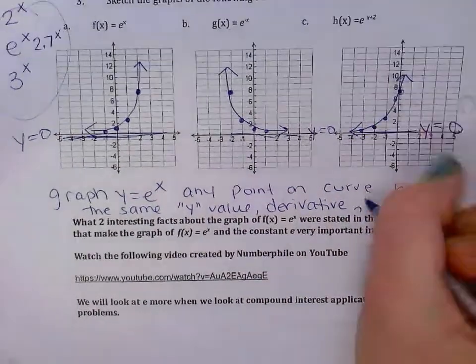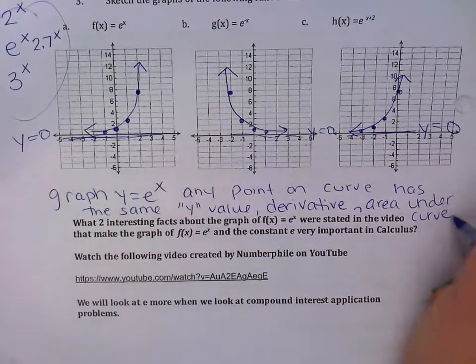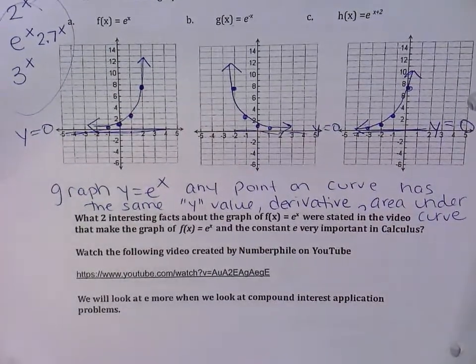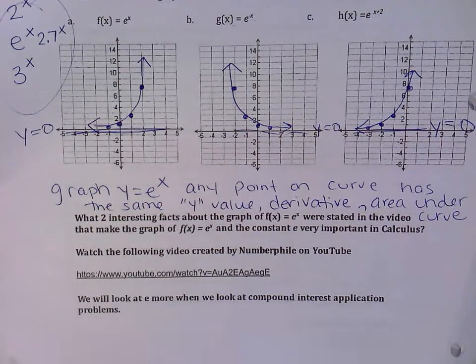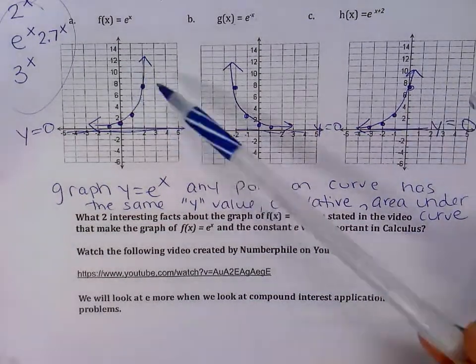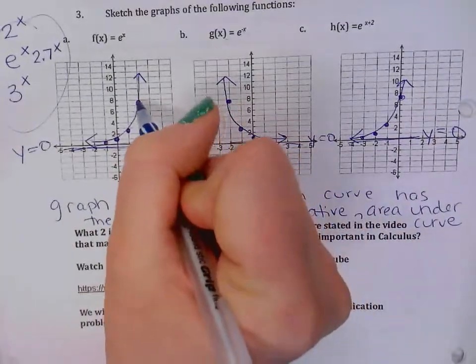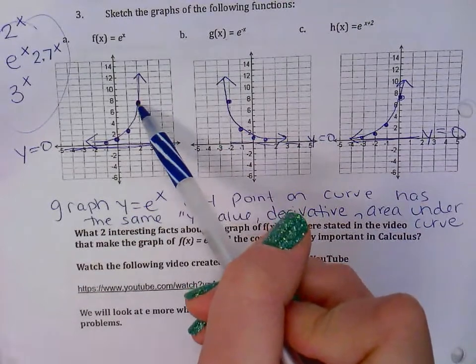And area under the curve, which we call the integral, but I think you saw how they shaded it. So any point on this line, well, I'll go to the parent graph, e to the x. So if I was at this point, right, we just found the y value was 7.39.